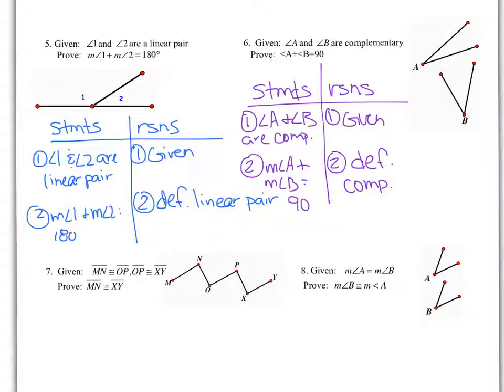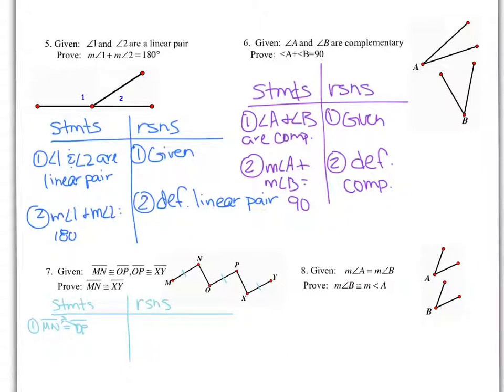Okay, so on this one, MN is congruent to OP, and OP is congruent to XY. And I didn't leave myself a whole lot of room, but that's okay. We can get there pretty quickly. So write your given.